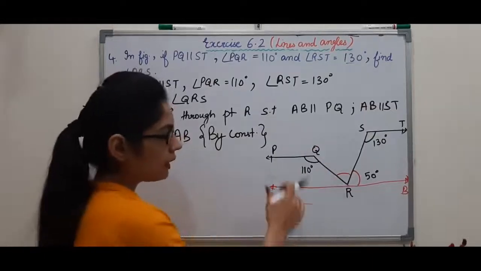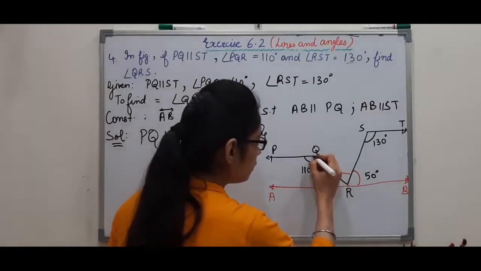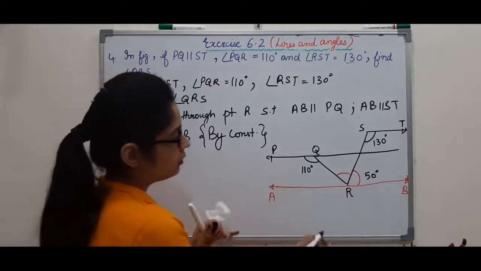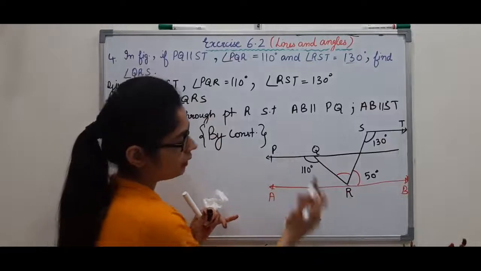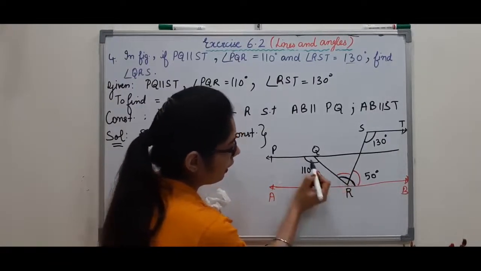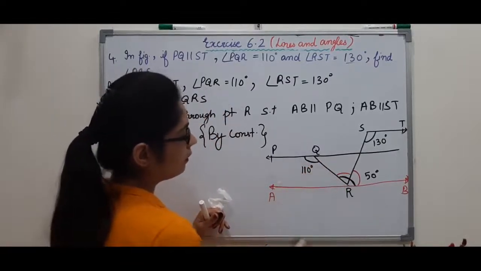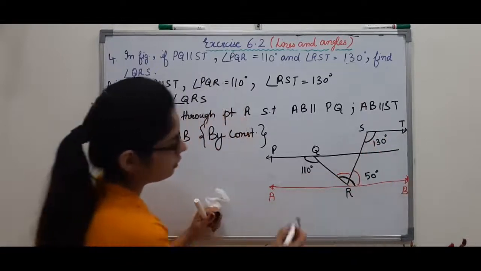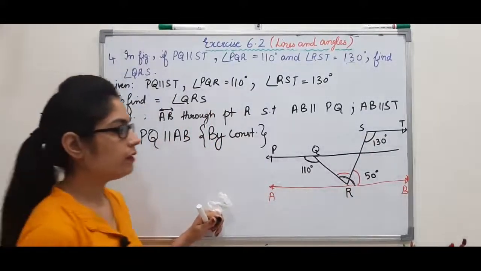Now since these two lines are parallel to each other, if we extend this line, it will be a straight line parallel to this line. Then QR will be a transversal in case of these two lines. So if we see this angle PQR and angle QRB, these two angles make a pair of alternate interior angles.